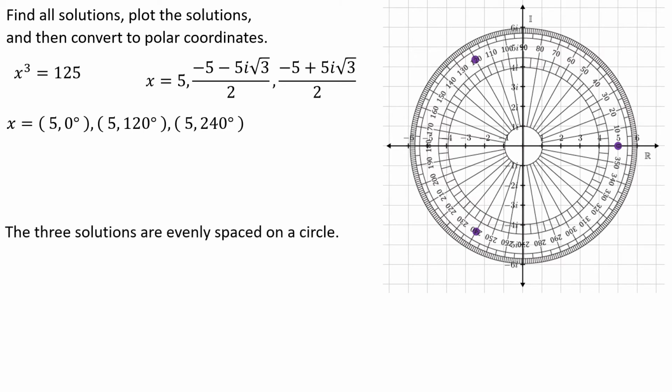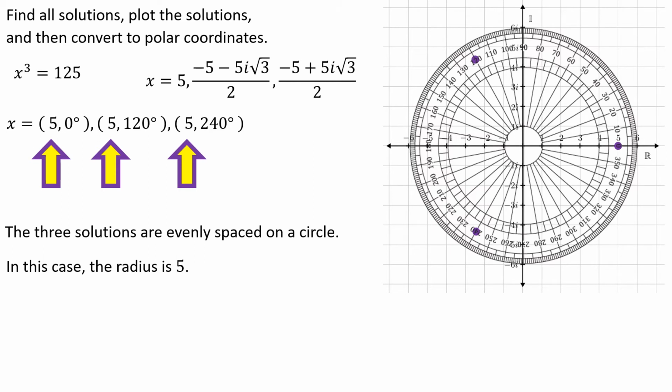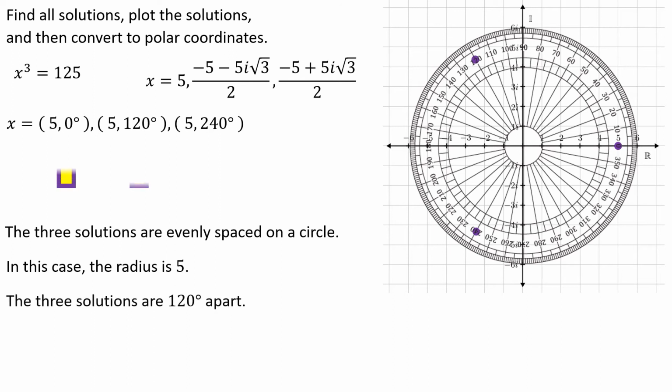They're evenly spaced on a circle. In this case, the radius happens to be 5. And we could have figured that out real quick, right? 5 to the 3rd power is 125. The solutions are 120 degrees apart. 360 degrees in a circle. 3 solutions. 360 divided by 3 is 120.